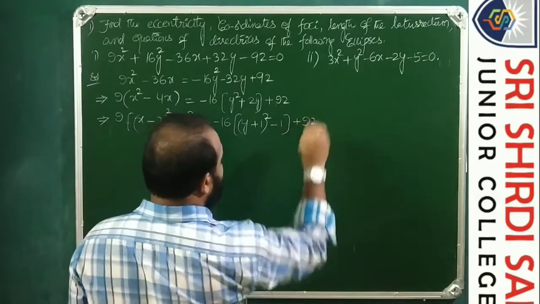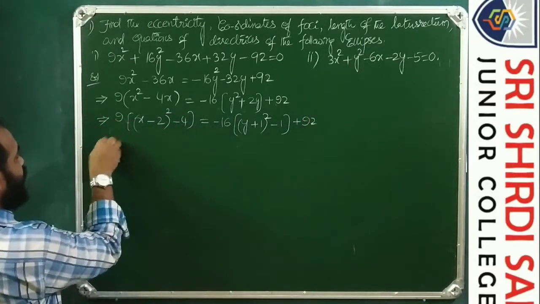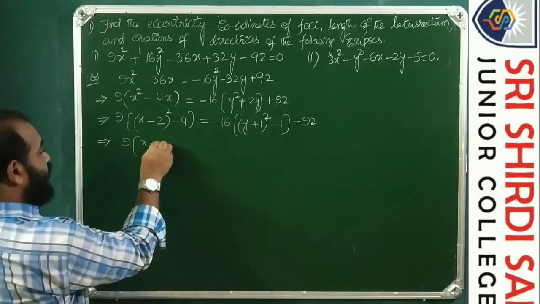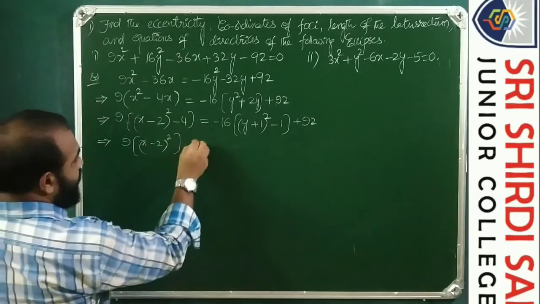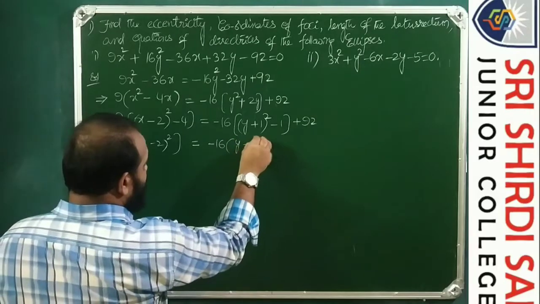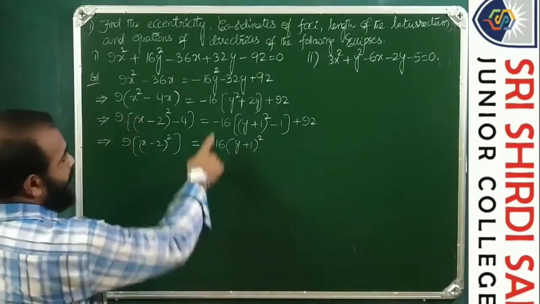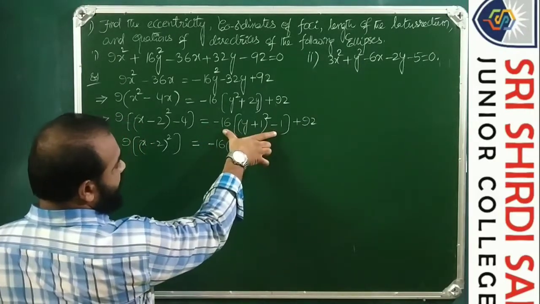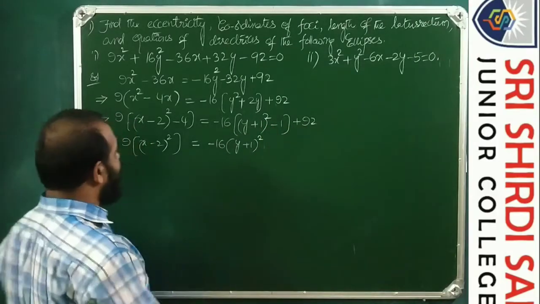So 9(x − 2)² = −16(y + 1)² plus 16 ones are 16, plus 92 is 108.